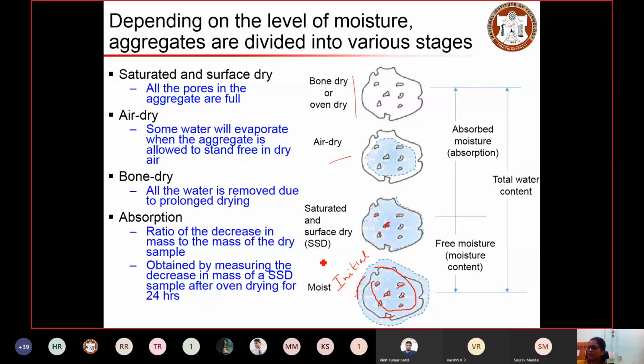Typically for mix design, we assume the saturated surface dry condition. This is the ideal condition for mix design, because here all the pores in the aggregates are filled by water. This is the ideal stage because it will not influence the water cement ratio.